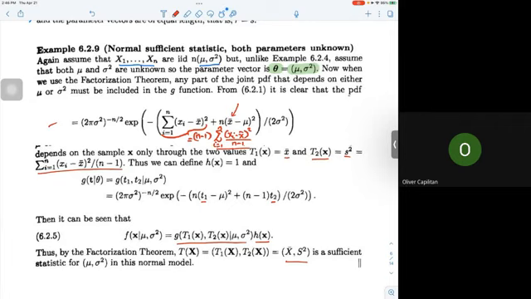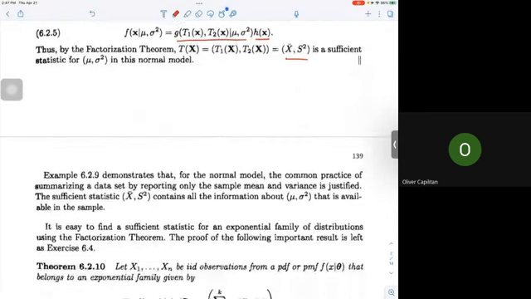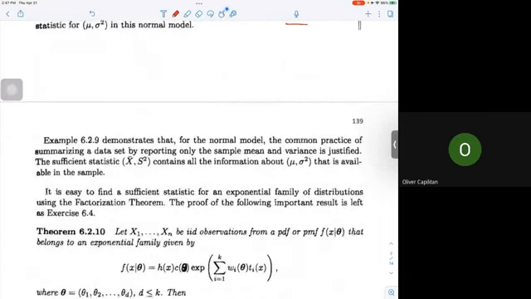Okay? Any questions or clarifications? So example 6.2.9 demonstrates that for a normal model, the common practice of summarizing a data set by reporting only the sample mean and variance is justified.